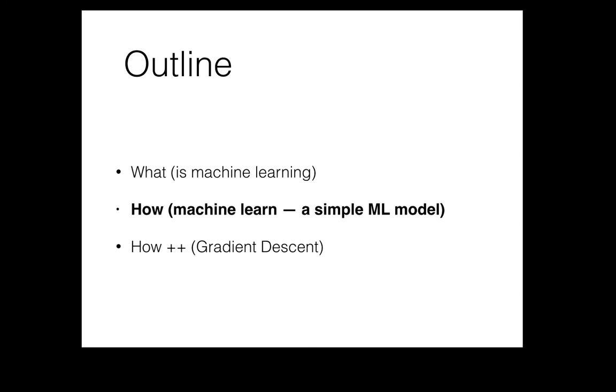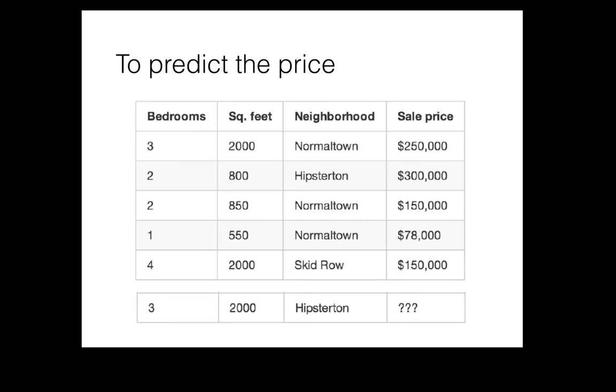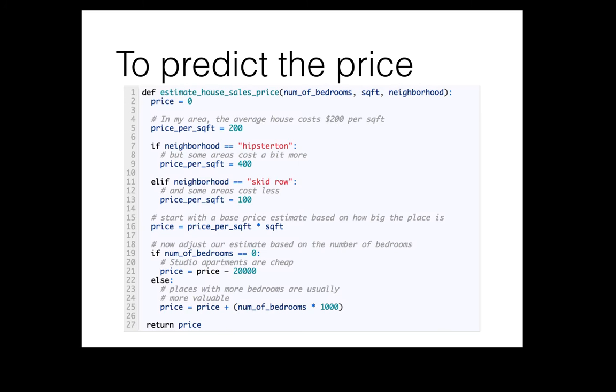And the second part is how. I will show you a machine learning model. As the picture shows, how can we predict the sale price? Assume that I know nothing about machine learning, so I write code to predict the price with my experience.